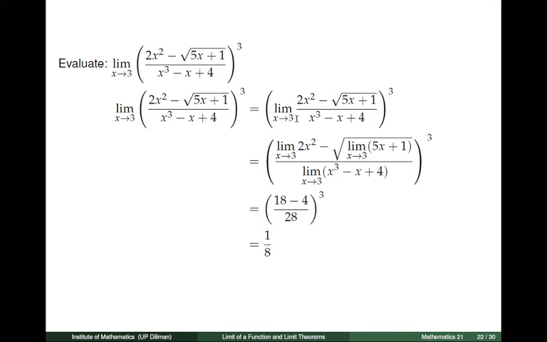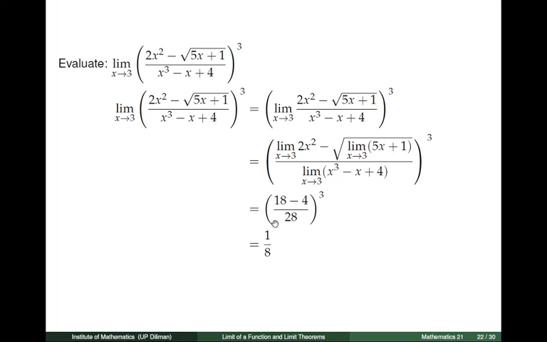Now it's up to you to justify the steps that we have committed here and check that, for example, in evaluating the limit of the numerator here, both the limit of 2x squared and the limit of the square root of 5x plus 1 exist. So do the same for every line in this series of equations.